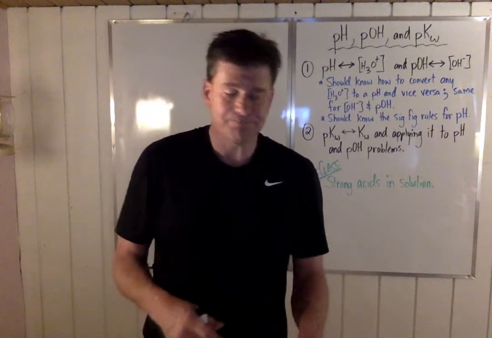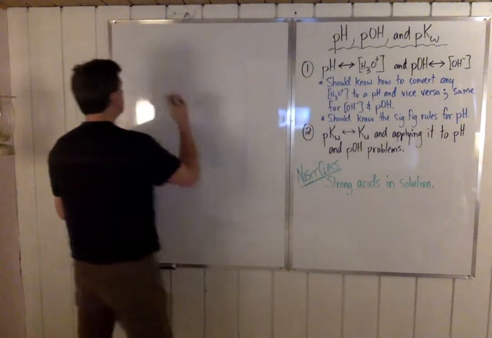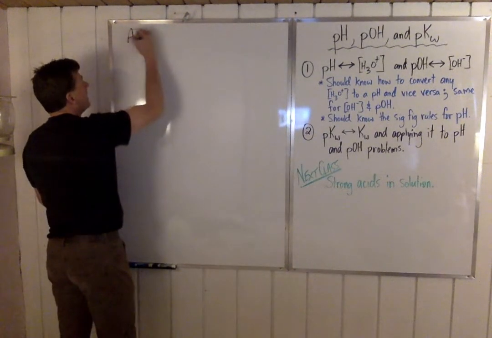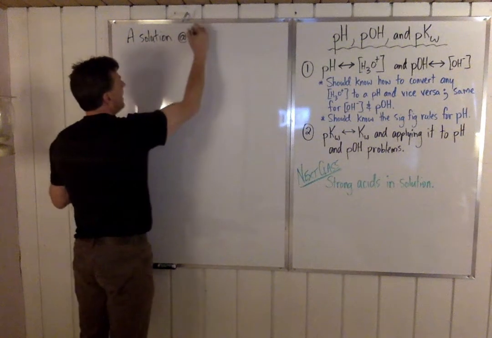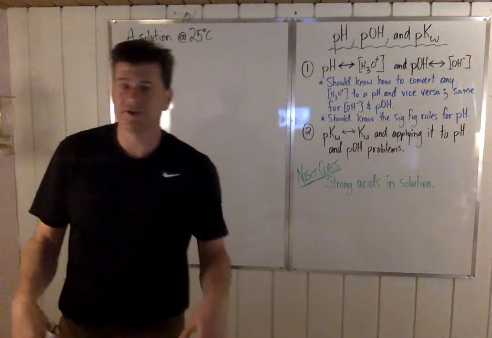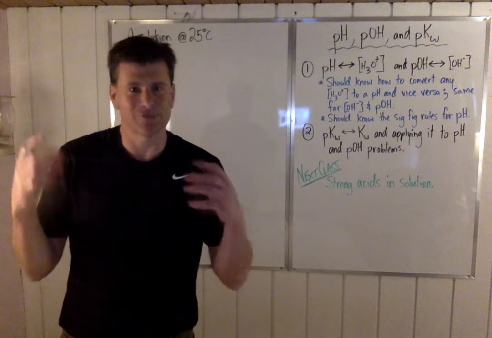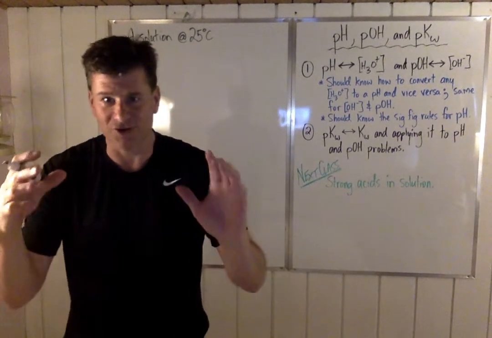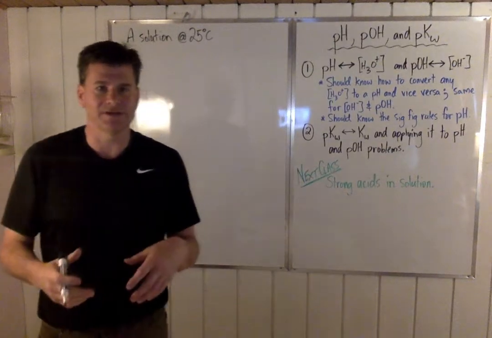So let's say I have a solution at 25 degrees Celsius, and I'm always going to say at 25 degrees Celsius. I'm going to try and get you to recognize that 25 degrees Celsius is really critical, because we're going to start using constants that are only applicable at 25 degrees Celsius.